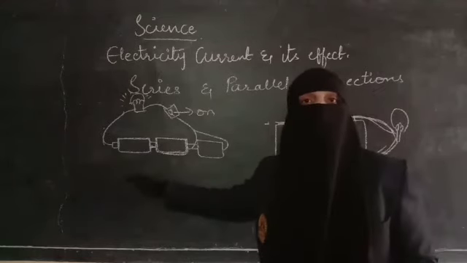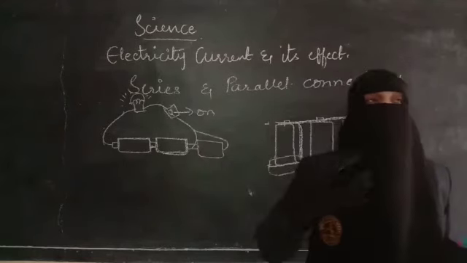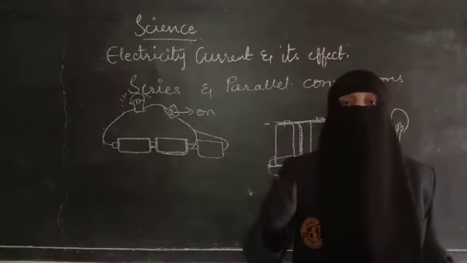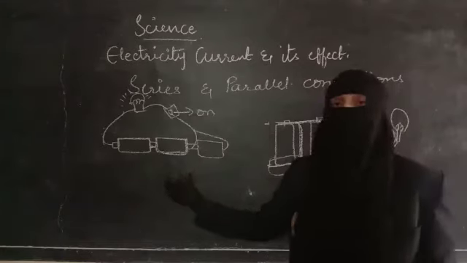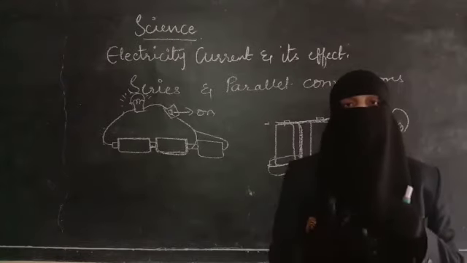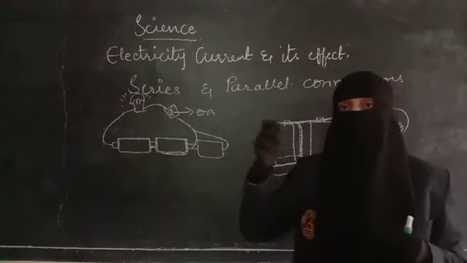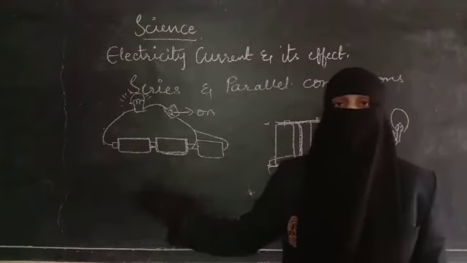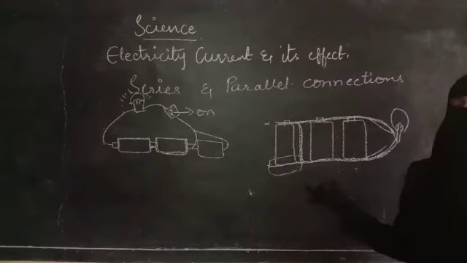Series connection you can find in our day-to-day life, in decoration bulbs, small colorful bulbs they use for decoration purposes. Near idols, they put these small electrical bulbs. And parallel connection is found in our house.